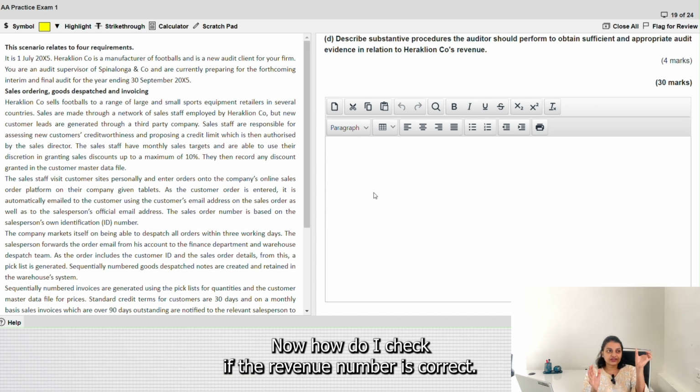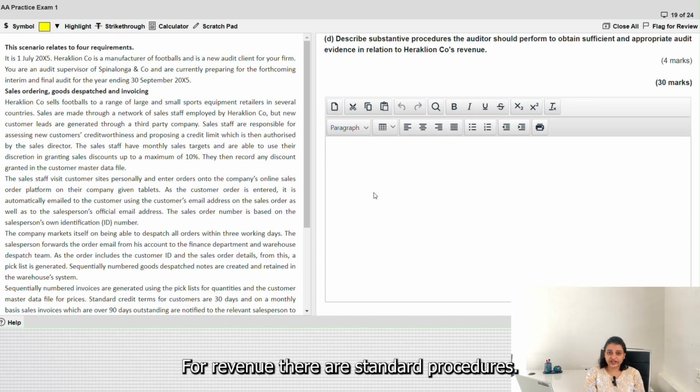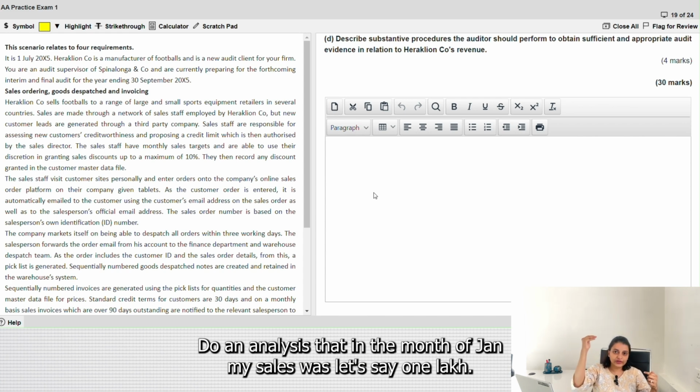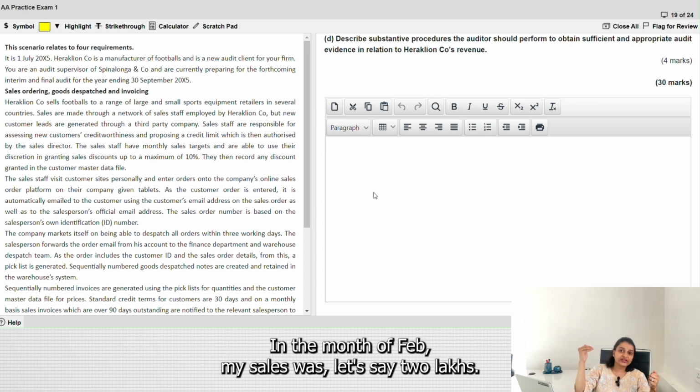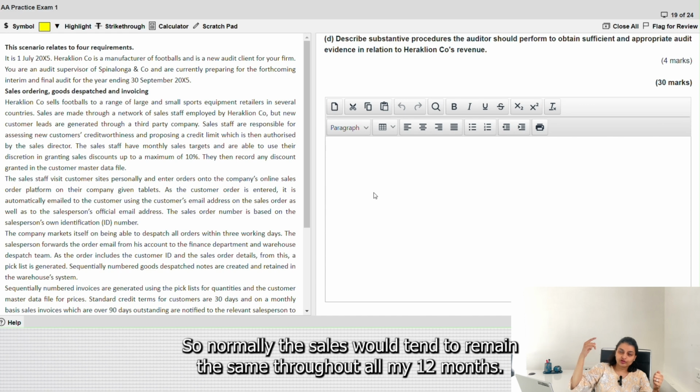Now how do I check if the revenue number is correct? Simple. For revenue there are standard procedures. First one being, what is my month on month sales? Do an analysis that in the month of Jan my sales was, let's say, 1 lakh. In the month of Feb my sales was, let's say, 2 lakhs. Then how is there a 50% jump? So normally the sales would tend to remain the same throughout all my 12 months.